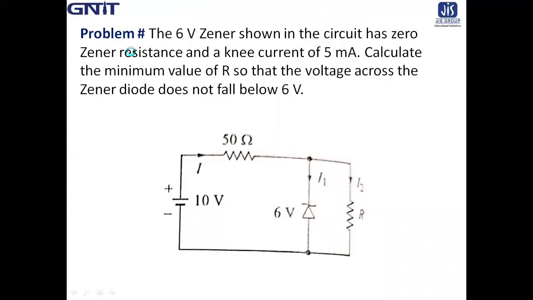The 6-volt zener shown in the circuit has 0 zener resistance and a knee current of 5 milliampere. Calculate the minimum value of R so that the voltage across the zener diode does not fall below 6 volt. See, the circuit is like that.